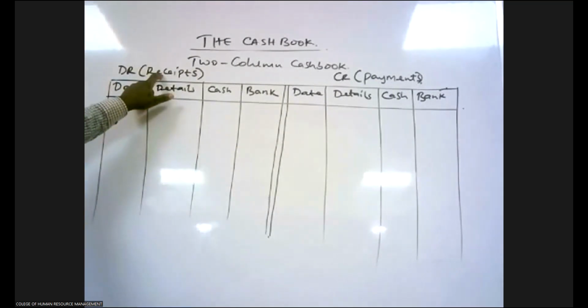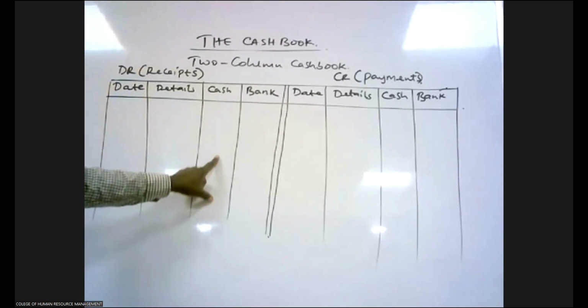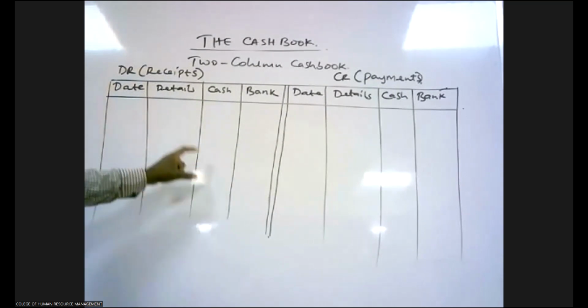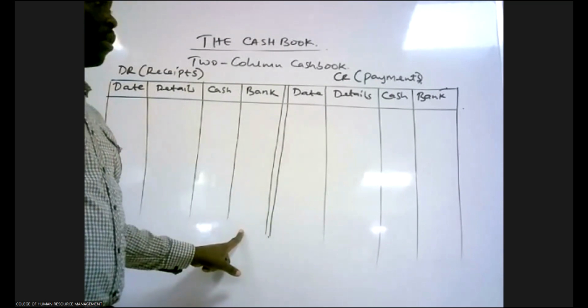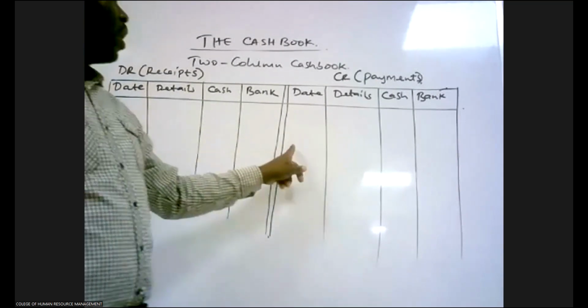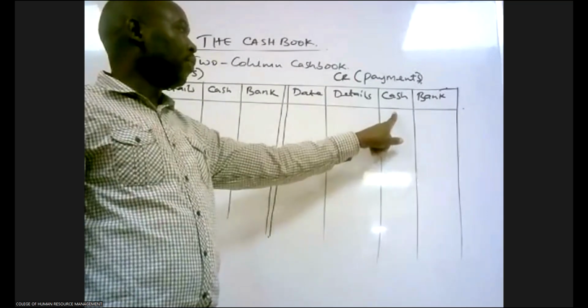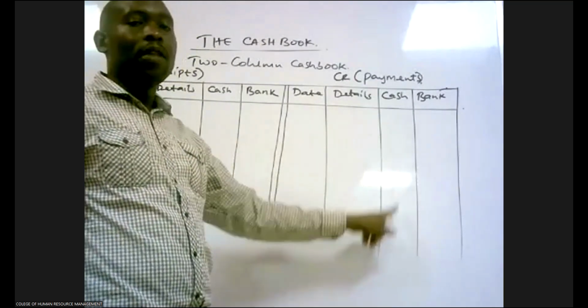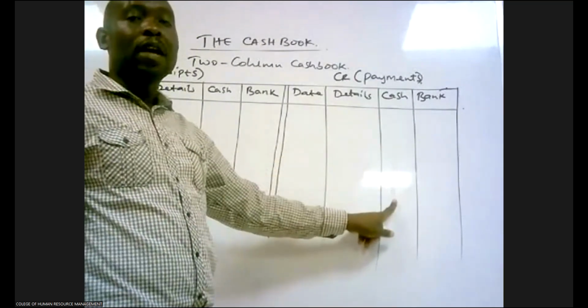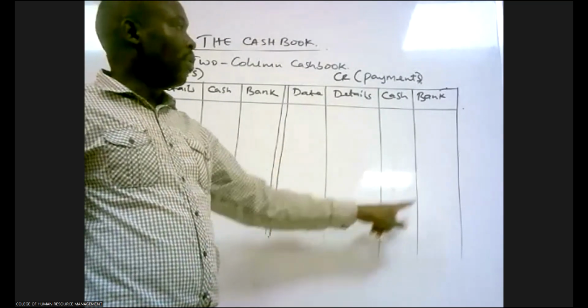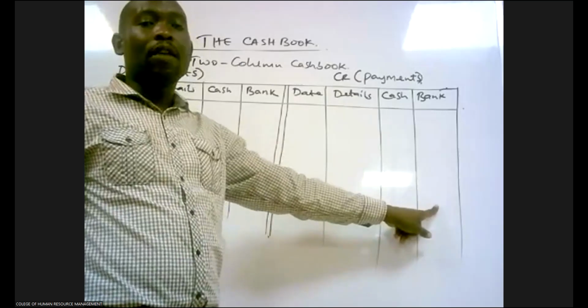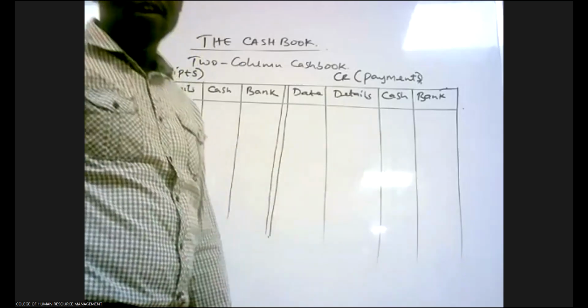When we receive money in cash, we record it in the cash column. When we receive money in the form of checks, we record it in the bank column. On the other side, when we pay anything in cash form, we record it here, so this column will contain the cash payments. This column will contain anything that we have paid using the check.